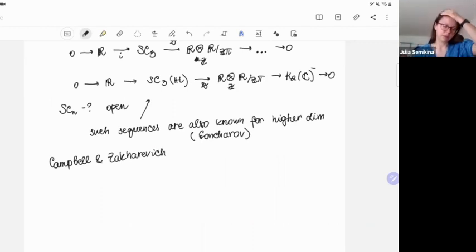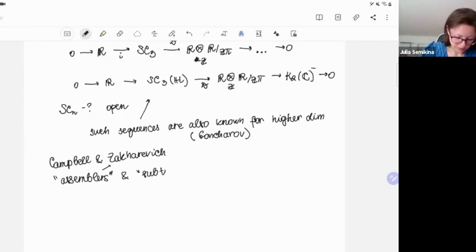that it might be useful to introduce certain machinery. These are called assemblers, which is due to Zakharevich, and subtractive categories.